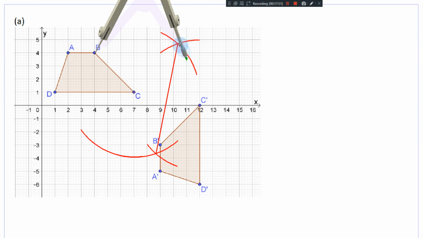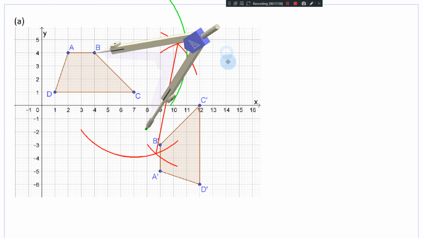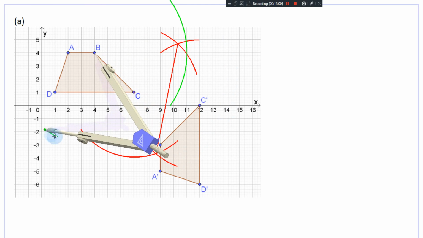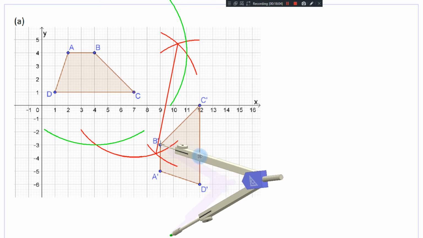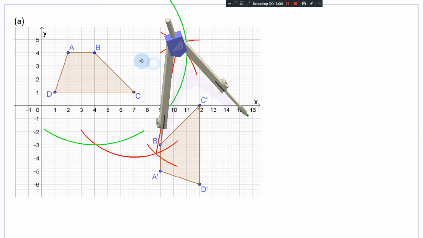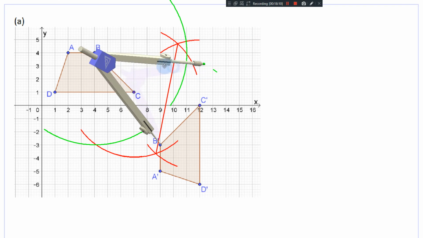Okay, now it's green color, so you just look at green color, don't get confused. Okay, then move down over here. Okay, then move it to this point. Do exact same thing and don't adjust the width of your compasses, remember.